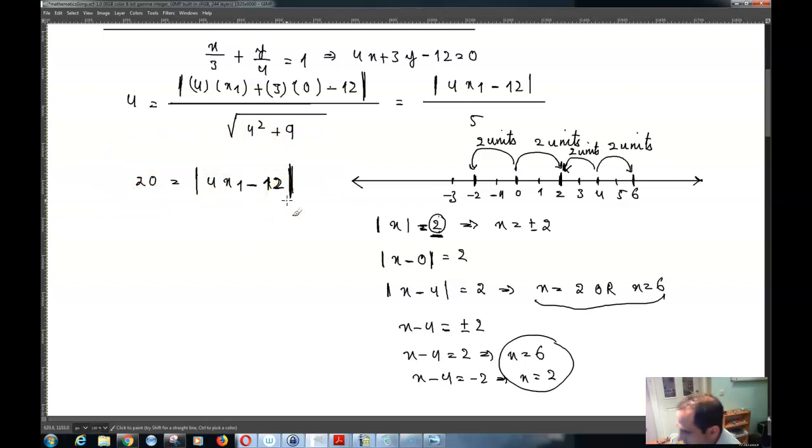For example, you can write the absolute value of x minus 2 is greater than or equal to 5. In that case, you can use the same logic to solve this. But I'm not going to get into that because it's really not necessary right now.